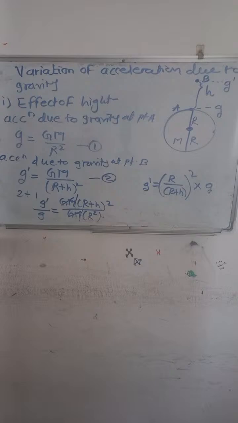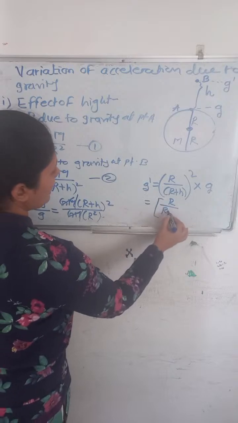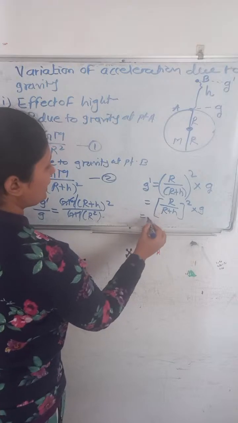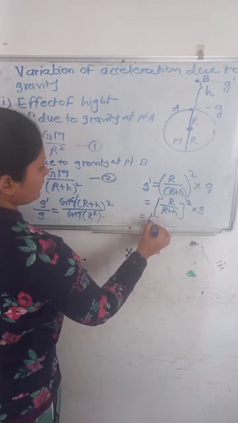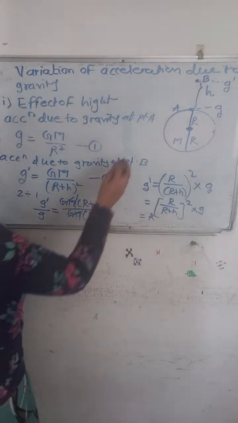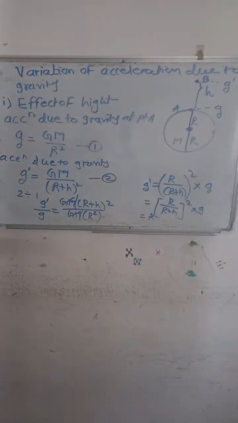Or you can take the R square common over here. If you are writing R upon (R plus h) whole square into g, you can write separately here. I will use this space over here.